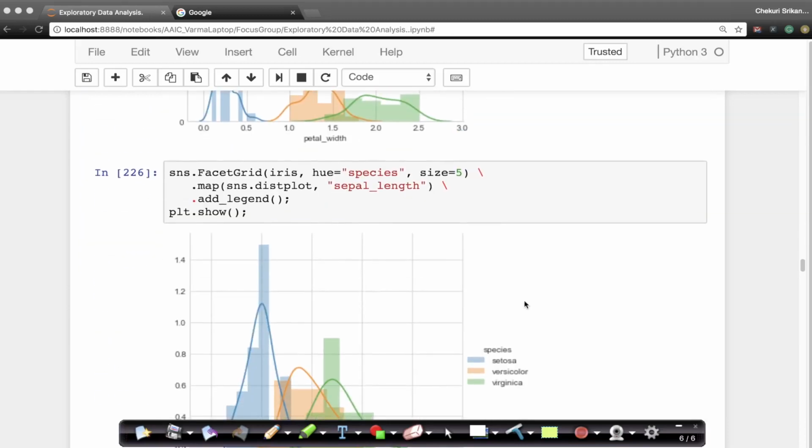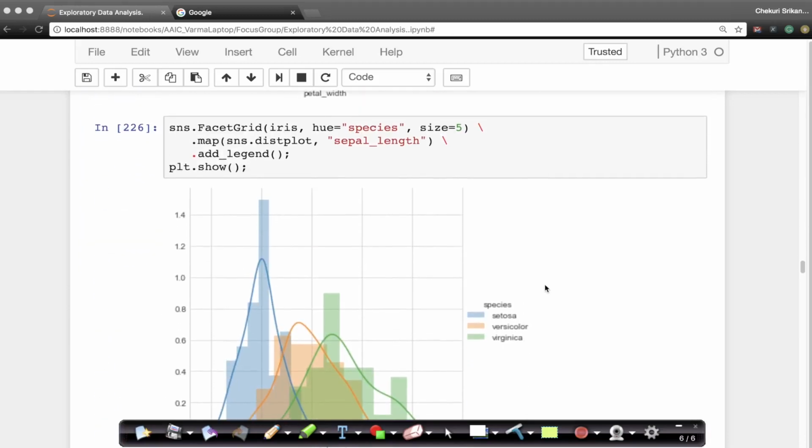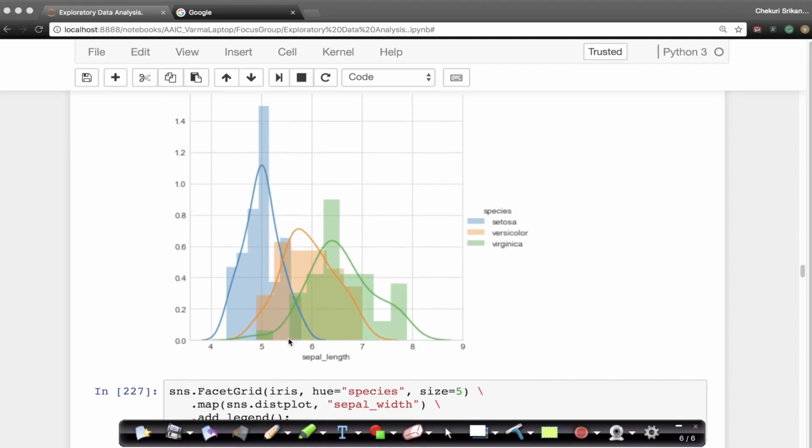Now let's look at what happens if you use sepal length. Wow, this is scary. If you look at the histograms of sepal length, there is massive overlap. Your setosa itself is not well separated from virginica and versicolor. There is this much overlap between your setosa and versicolor, and there is also overlap between your setosa and virginica, which is this.